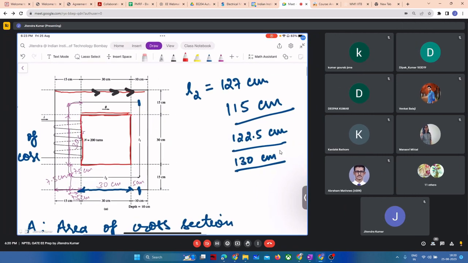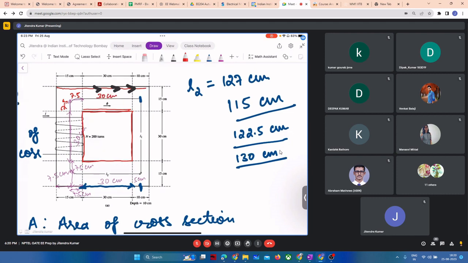Okay. So this is again 7.5. This is 7.5. And this 30 itself is given. And this is again half of 10, which will be 5 centimeter.